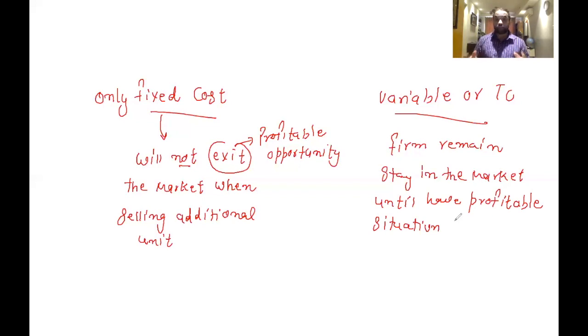So variable cost is also involved in this. So additional units, additional cost. All right, additional unit, additional cost.